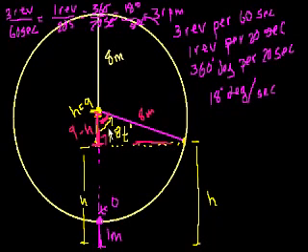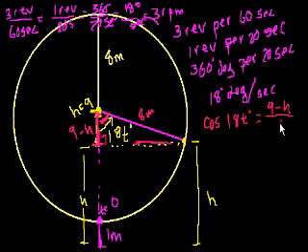So what trig function deals with adjacent and hypotenuse? SOH CAH TOA, cosine is adjacent over hypotenuse. So the cosine of 18t degrees is equal to the adjacent side, 9 minus h, over the hypotenuse, over 8.